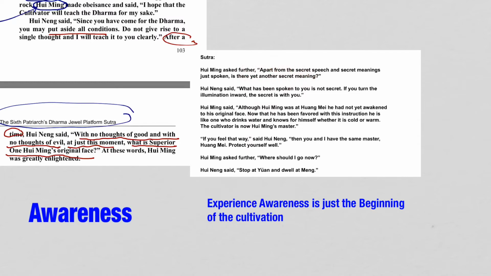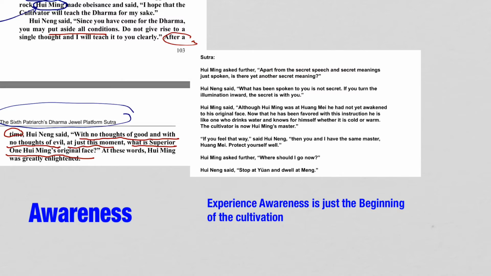So the Sixth Patriarch told Hui Ming what awareness is, and let him experience the awareness. Actually, it is let him experience it, not tell him what it is. And Hui Ming, after experiencing that awareness, still comes around and asks, is there yet another secret meaning?